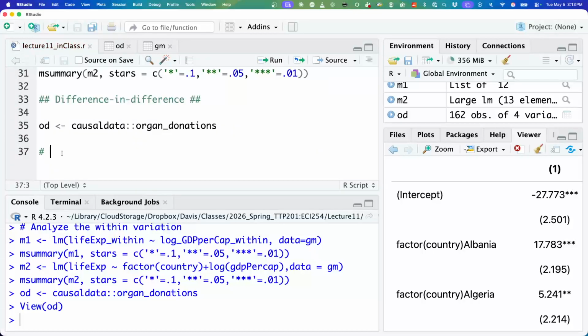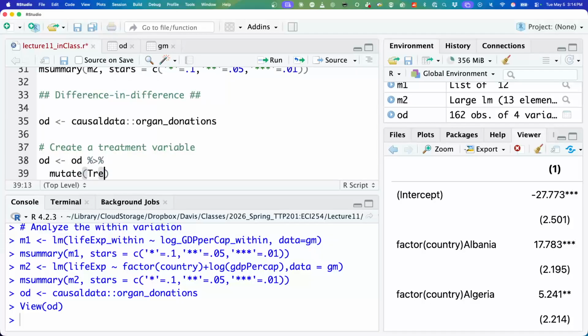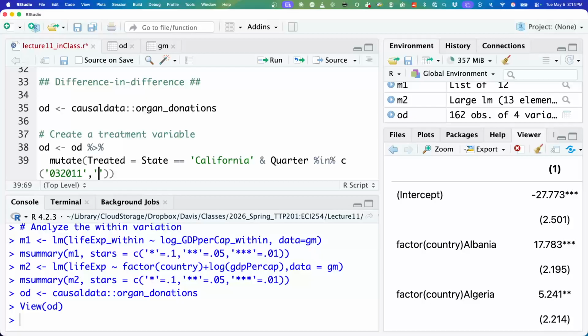Okay, so what we're going to do is create a treatment variable. So I'm going to do my little pipe thing again, and we're going to mutate, and we're going to create something called treated, where that happens in the state of California, and quarter in Q3 of 2011, quarter 4 of 2011, and quarter 1 of 2012.